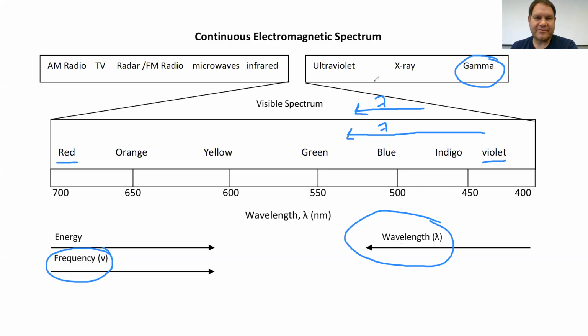And over on the other end, radio waves have the largest wavelength, but the smallest frequency. So in the visible spectrum, red light has large wavelengths and smaller frequency; violet light has small wavelengths, but high frequency, okay? And so hopefully you get that perspective there.